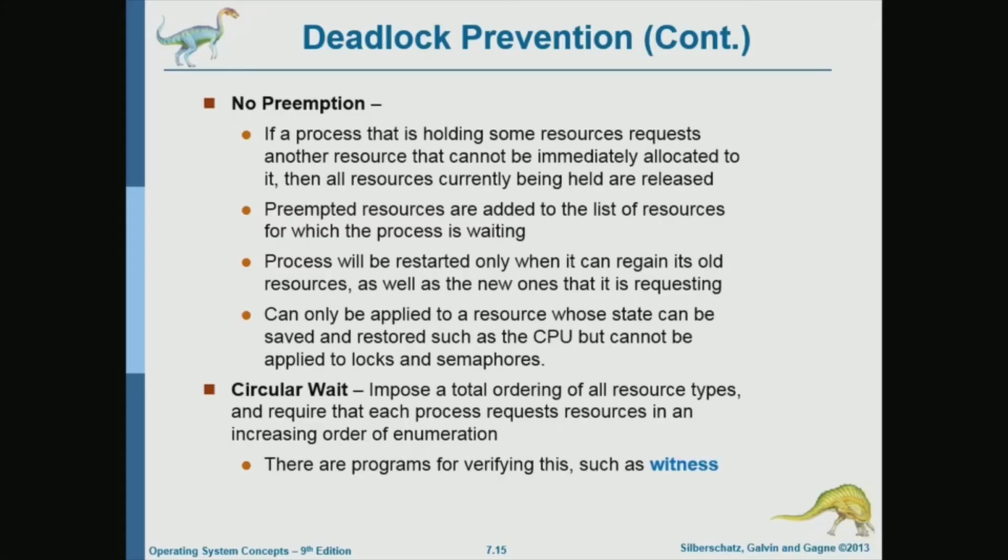And it's a good thing that the CPU is handled preemptively, because this will give all processes a fair share of the CPU, and it will not allow one process to occupy the CPU for a long time, and it will ensure responsiveness and all of these important features that we have studied in CPU scheduling.